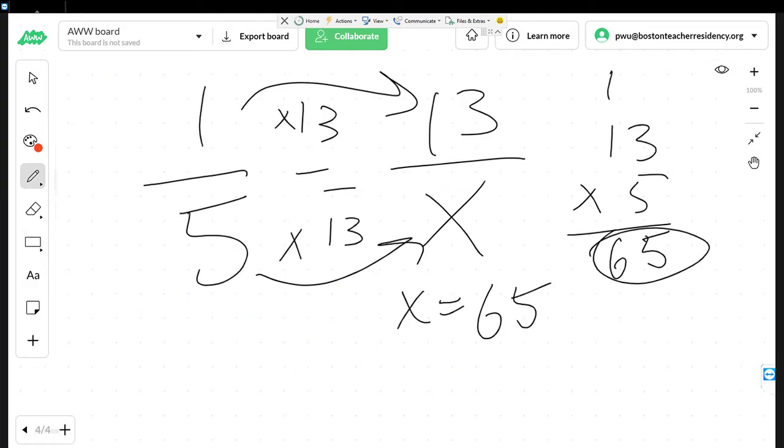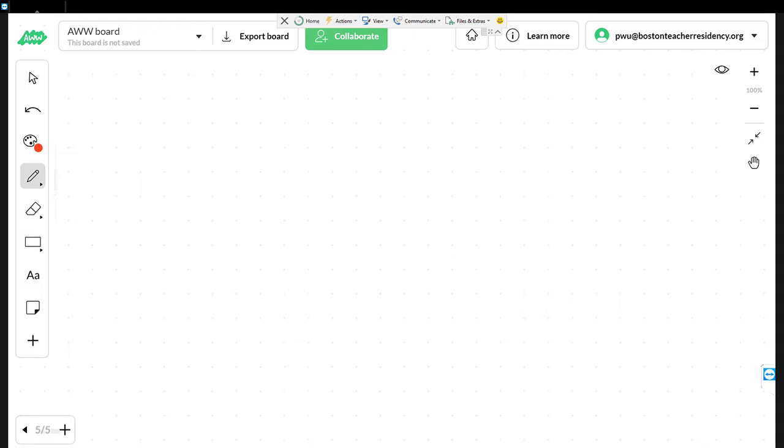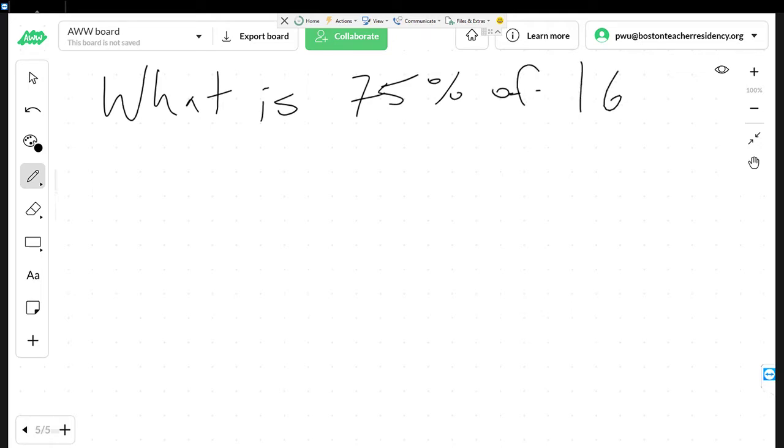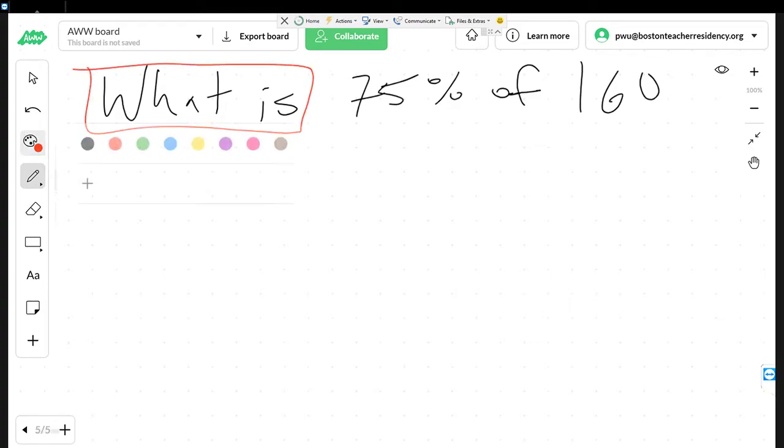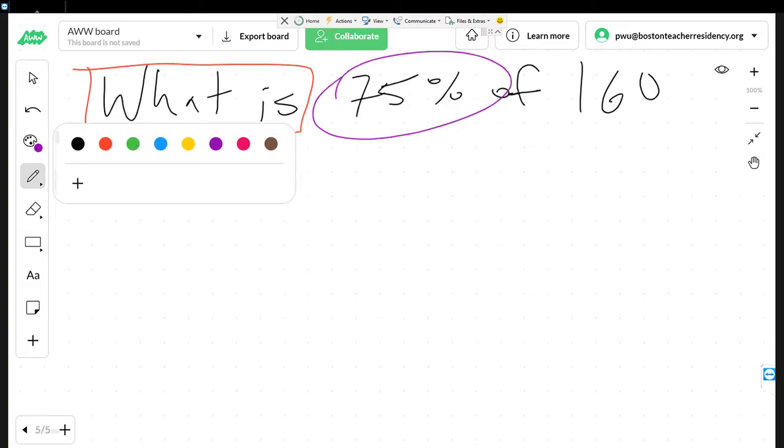All right, moving on to the homework. I'm going to work on the top left and top middle problems. So our first problem is, what is 75% of 160? Once again, we're going to annotate what's grouped with is, what's grouped with percent, and what's grouped with of.